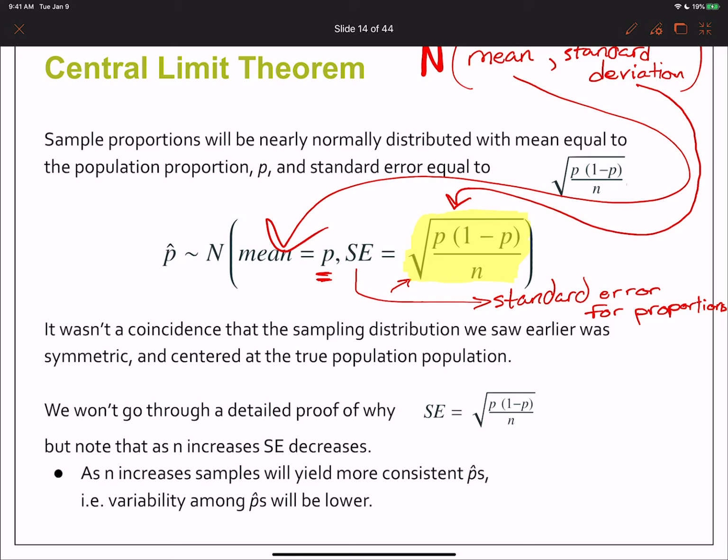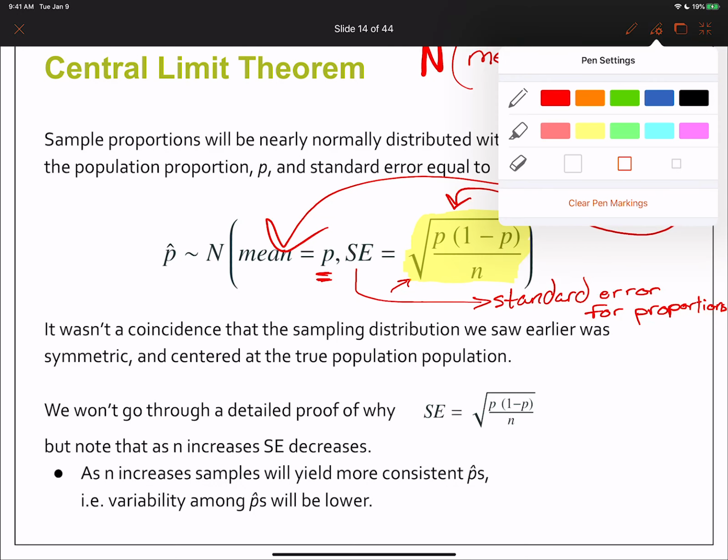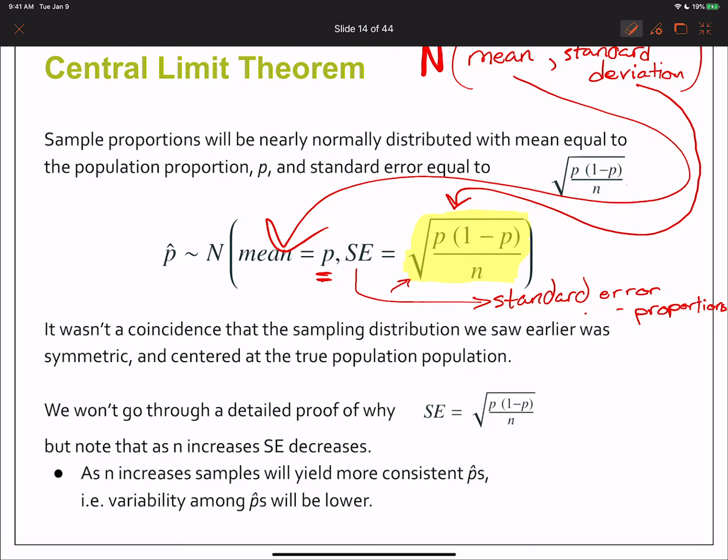I'm just going to erase it. I was being lazy a bit. This is the standard error of proportions, so this is the standard error of our proportion, and then we had the standard error of the mean before.